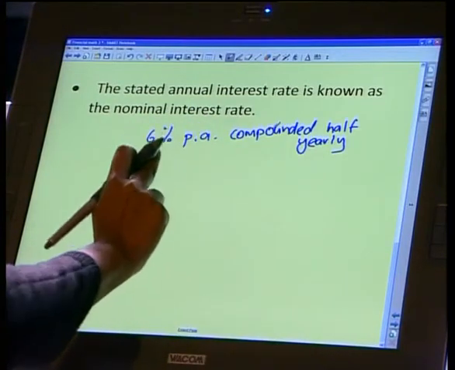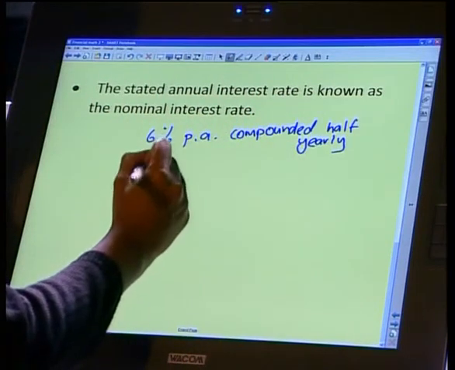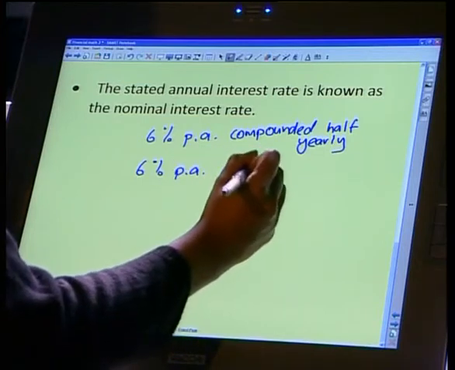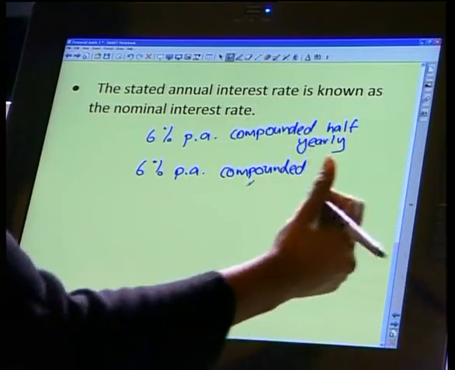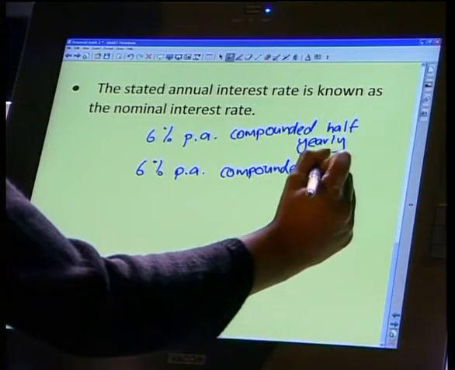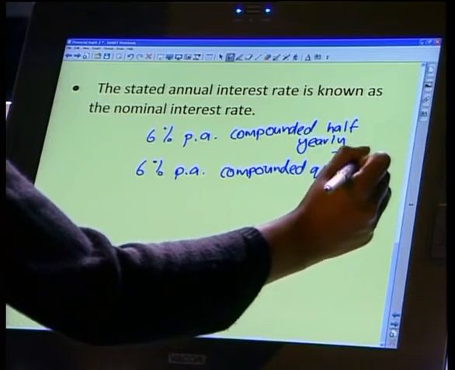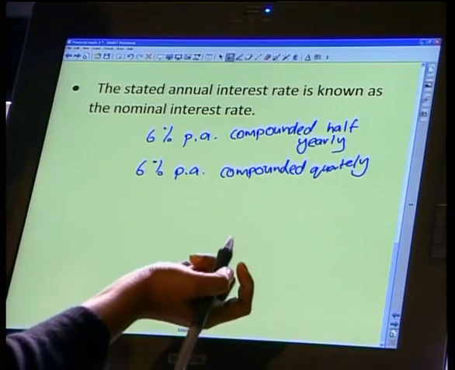This can change depending on, for example, if they say to you it's 6% per annum compounded quarterly, and that will affect the effective interest rate for that period. So if it's compounded quarterly or monthly, you'll have different effective interest rates for each of those periods.